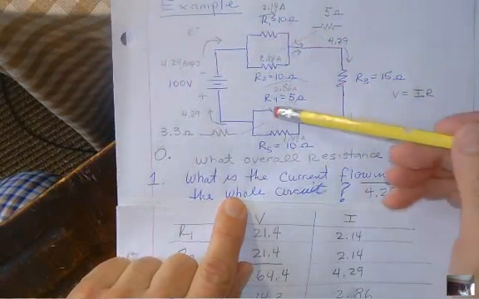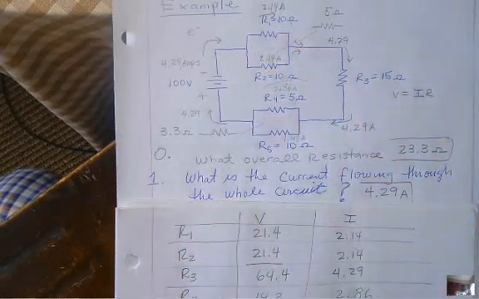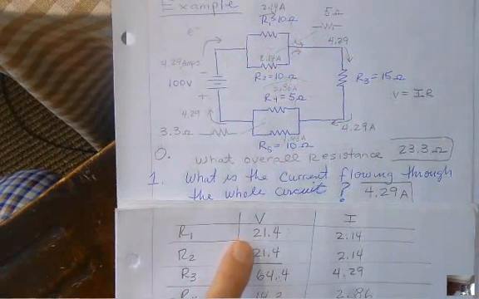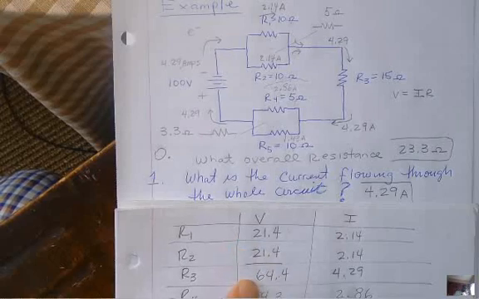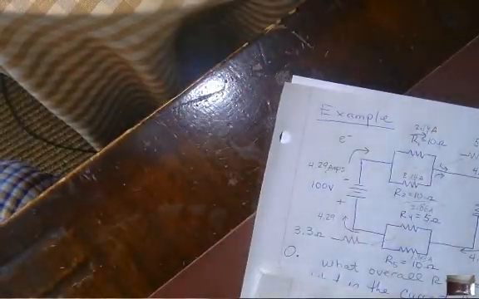So if I go all the way across the tops, I got 1, 3, and 4. We better add 1, 3, and 4 up. 21.4 plus 64.4 plus 14.3. Bam. 100.1.